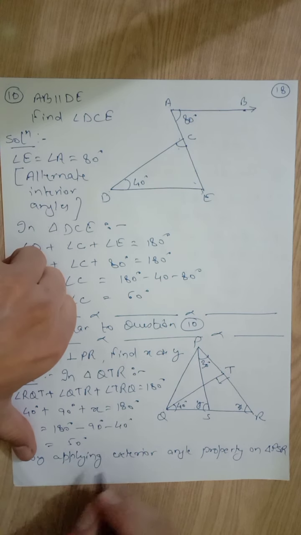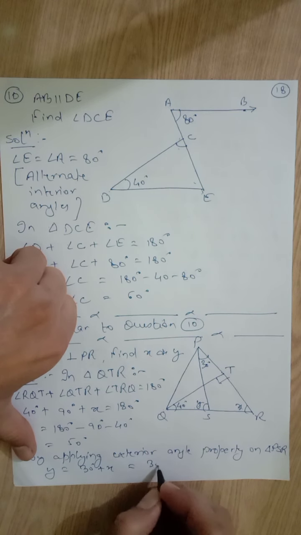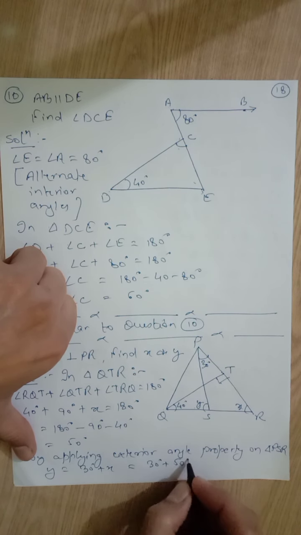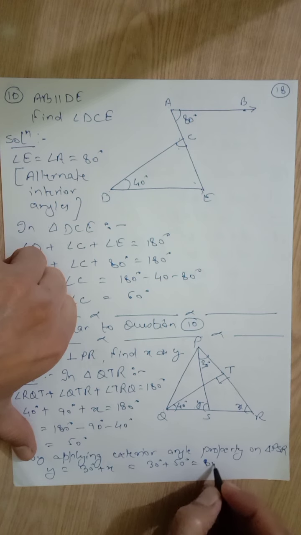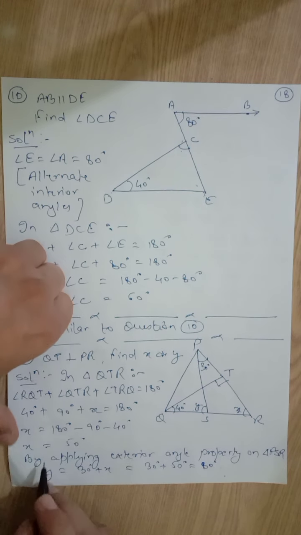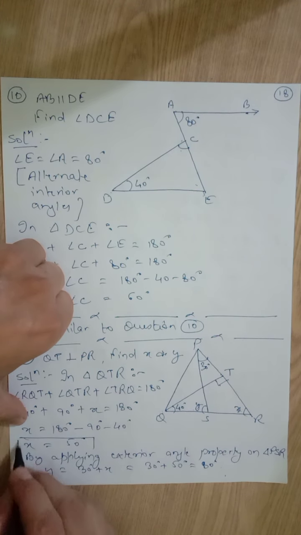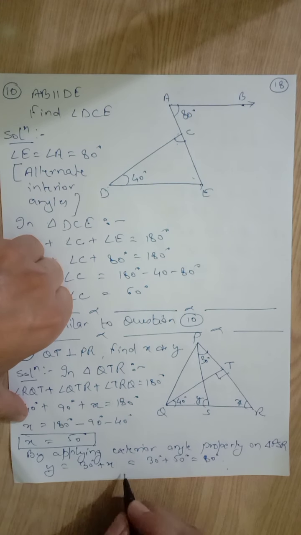What we have is Y equal to 30 degrees plus X, which means 30 degrees plus 50 degrees, which is 80 degrees. So we have got the value of X, that is 50 degrees, and the value of Y is 80 degrees. Hence it is solved.